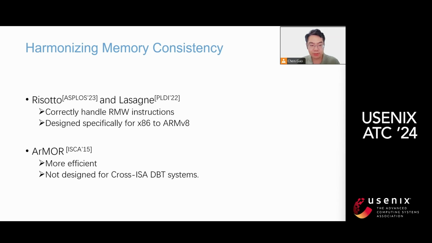ARMOR is a framework designed for specifying and transforming memory models. The framework leverages finite state machines to reduce redundant barriers in sessions, making it more effective, but it is not designed for cross-ISA DBT systems.